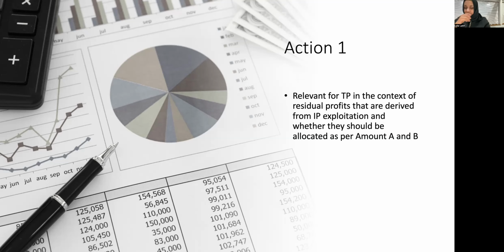And the submission deadline was on the 10th of June this year. We now wait for the outcome. And this is the outcome that's going to provide us with very clear rules and guidelines as to whether there is any impact of Action 1, Pillar 1, Amount A, Amount B, and Pillar 2 on the assessment of transfer pricing.